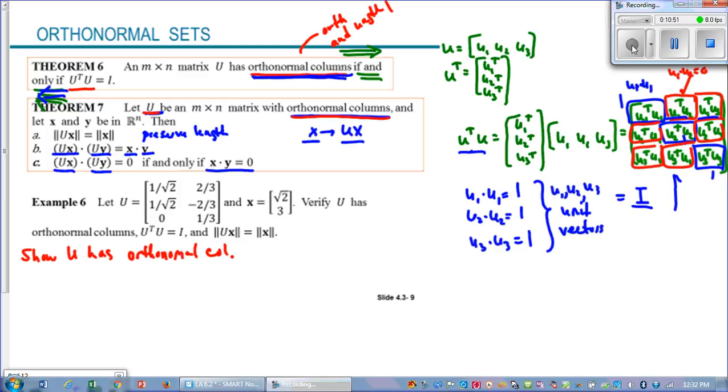That means that each has length 1 and they're orthogonal to each other. So let's call this U1 and U2. So let's say U1 dot U2, which will be 2 over 3 times the square root of 2 minus 2 over 3 times the square root of 2 plus 0 does give us 0. So the columns are orthogonal.